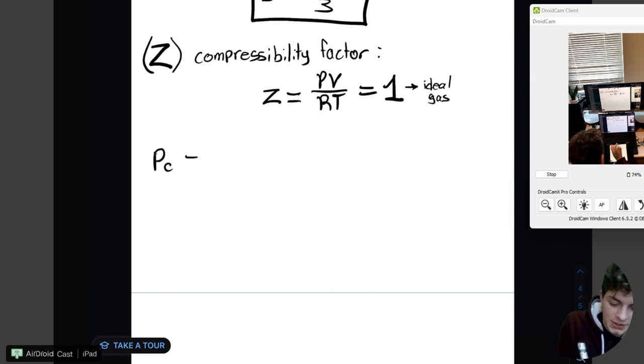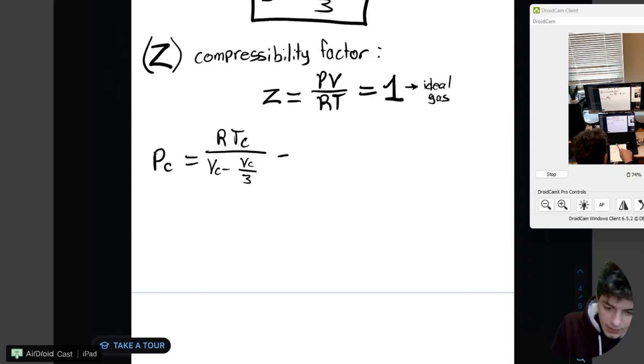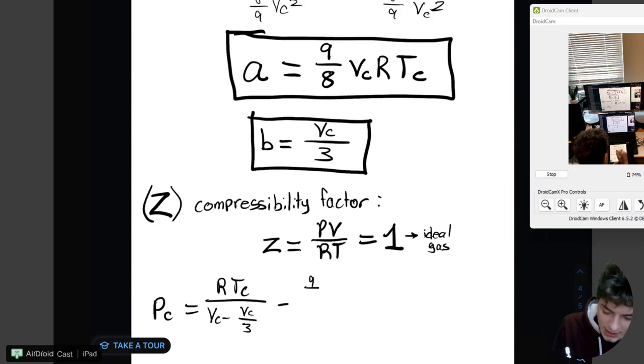Our critical pressure is equal to gas constant times temperature. And our A term was 9/8.